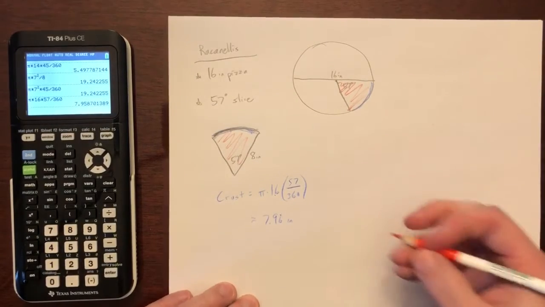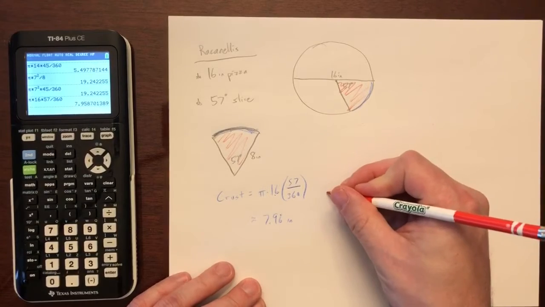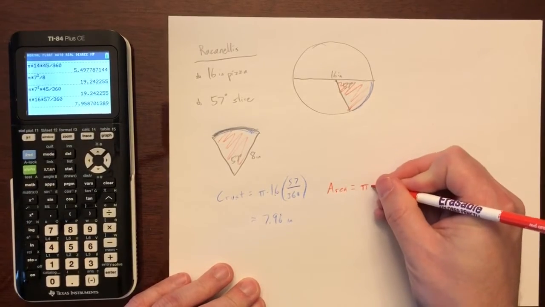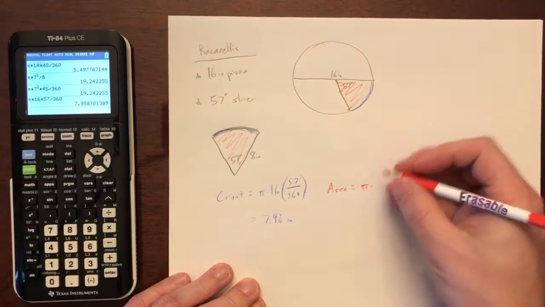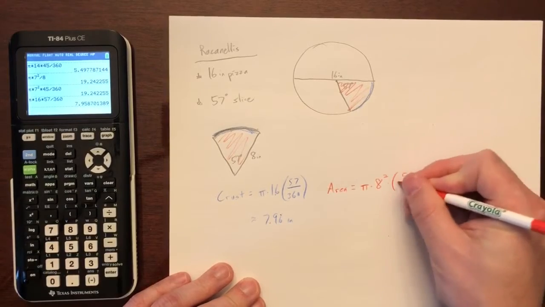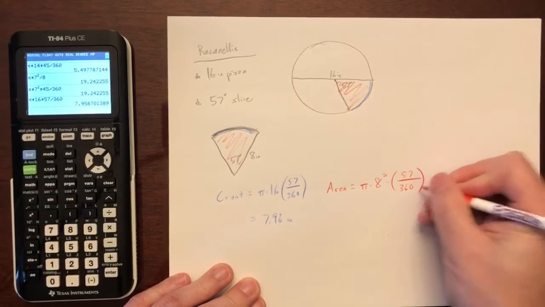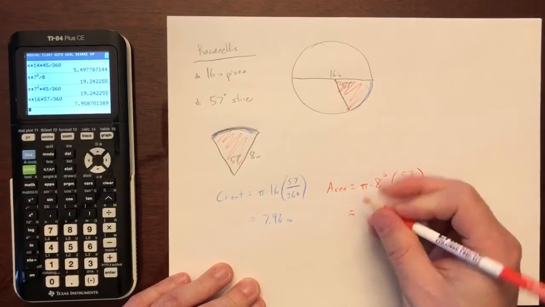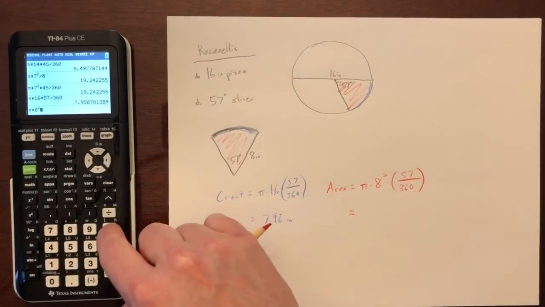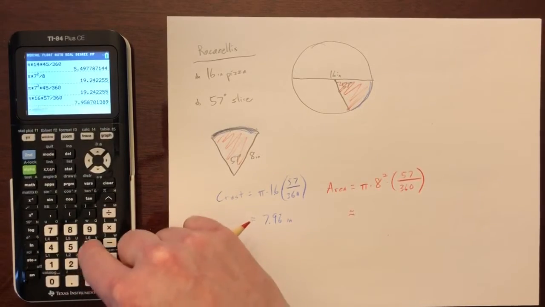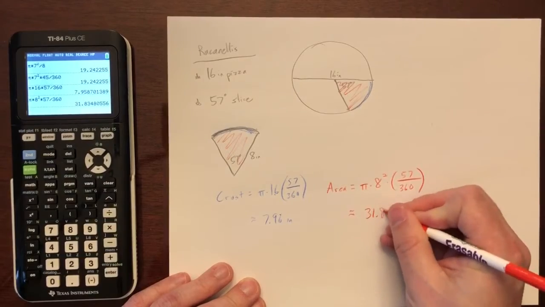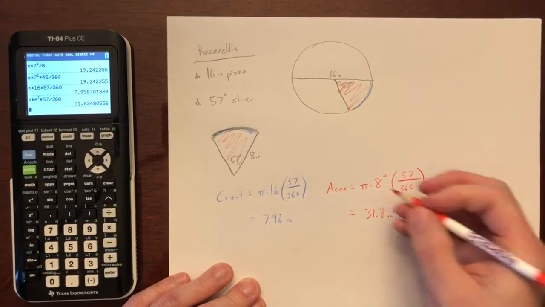What about the amount of pizza? The area of that slice, still going to be pi times radius squared. What did we say the radius was? 8. So pi times 8 squared, and once again, times 57 over 360. And when you type that in, pi times 8 squared times 57 over 360, you get approximately 31.8 square inches of pizza.